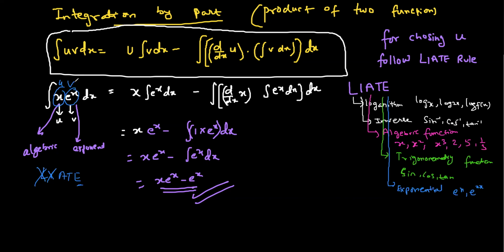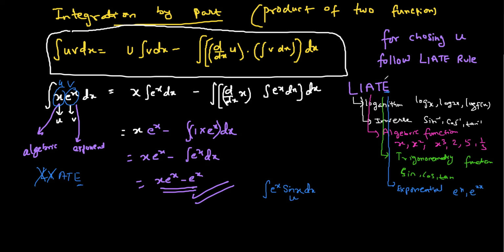It doesn't matter, we should check ILATE each time. Suppose I give you e^x into sin x. The order of the product is given in this form, but according to ILATE, e comes last. E means exponential. So this is u.